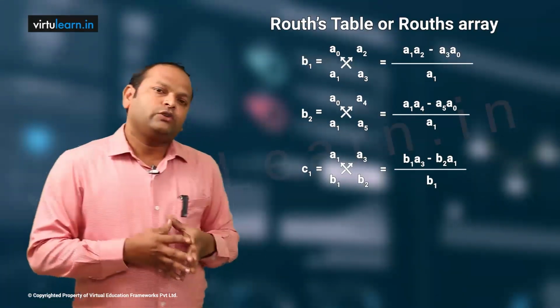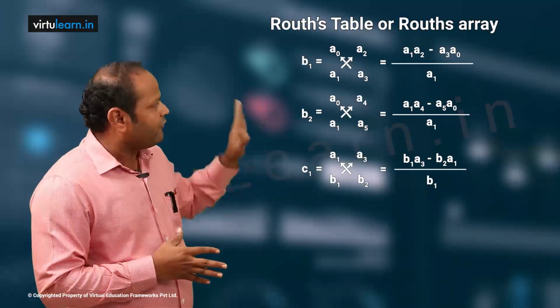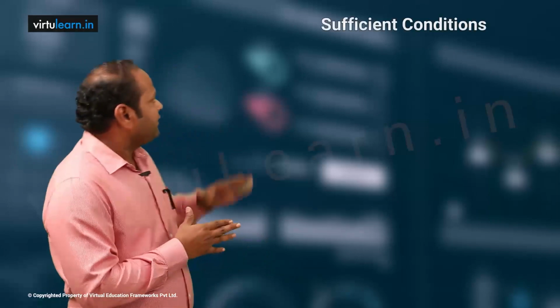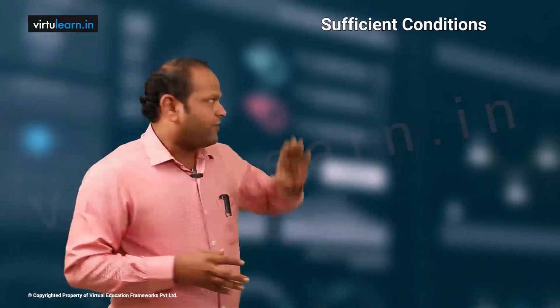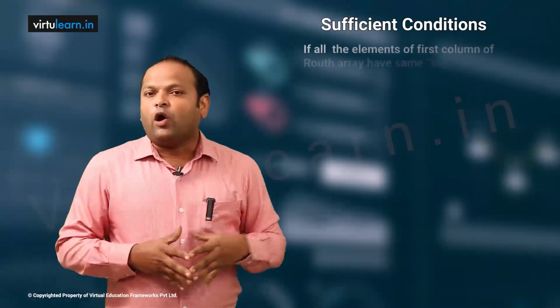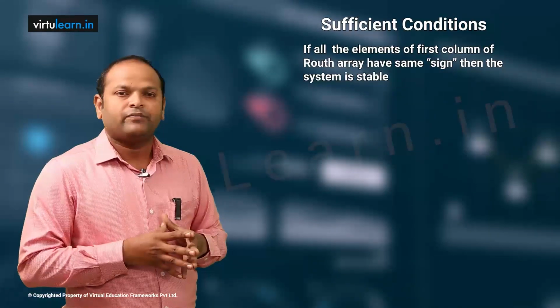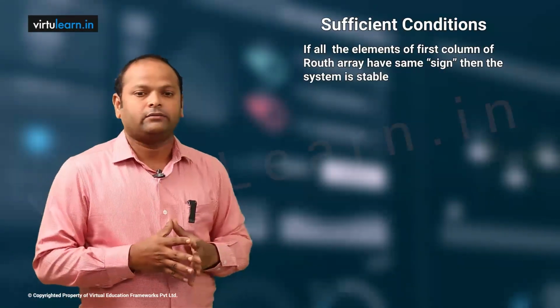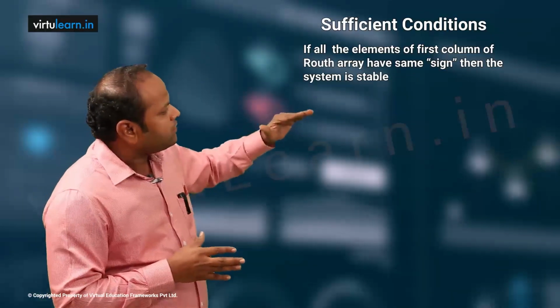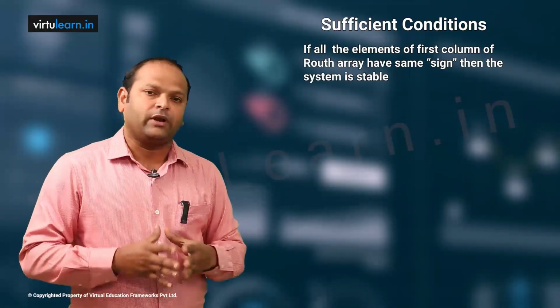Once you know how to calculate Routh's array, from this we can define the sufficient conditions. Let us see how to define them. Now the first one: if all the elements of the first column of the Routh's array have the same sign, then the particular system is stable.